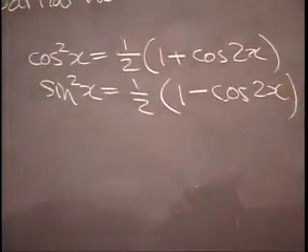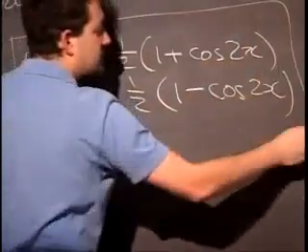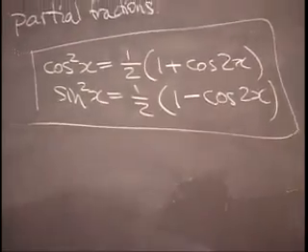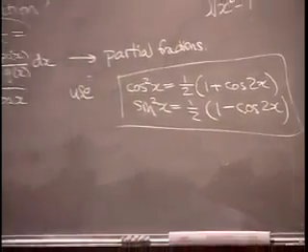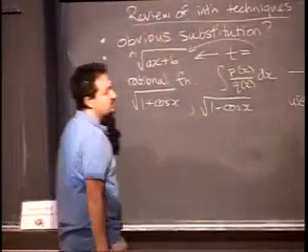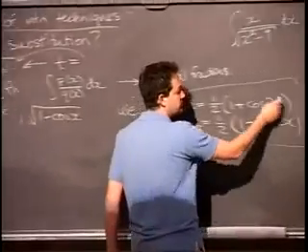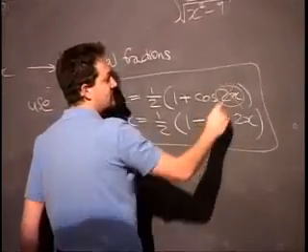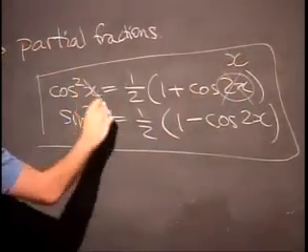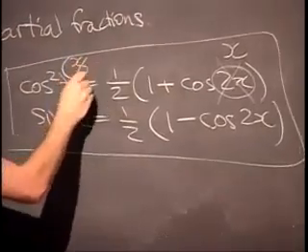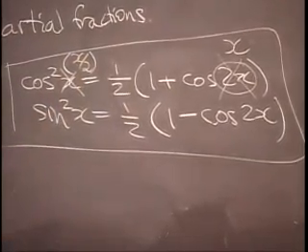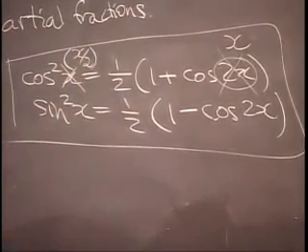These are the forms to remember it in, because that's what we needed for the trig powers. But actually, in this case, you kind of have to change the 2x here to an x, and here you change this to x over 2. Then you can take the square root.